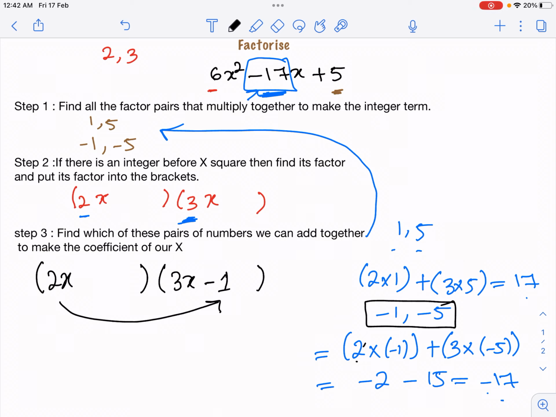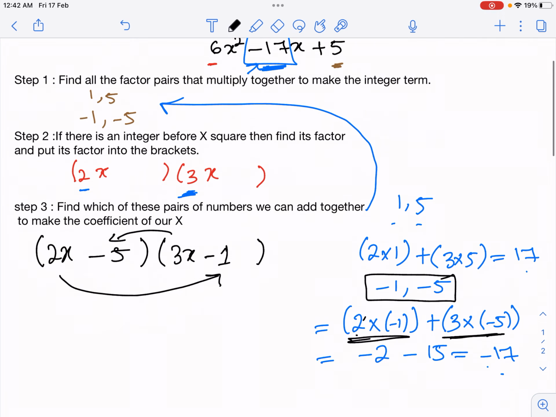Then the second one, minus 5, since 3 is multiplied by minus 5, we put minus 5 in the second bracket, so 3x is going to multiply by 5. So this is our final answer: 2x minus 1 in the first bracket, and the second bracket will be 3x minus 5.